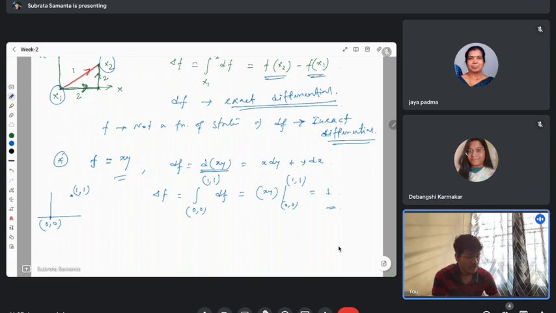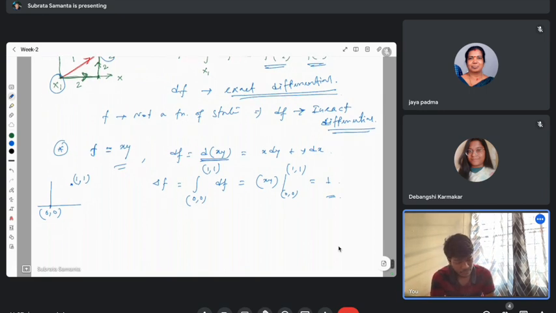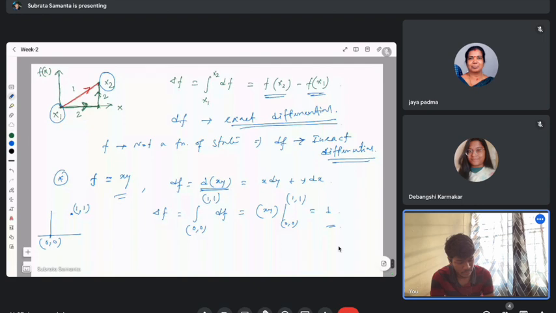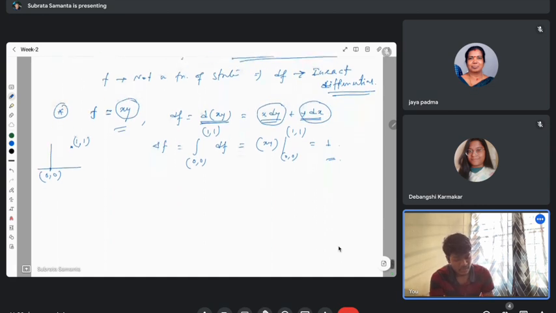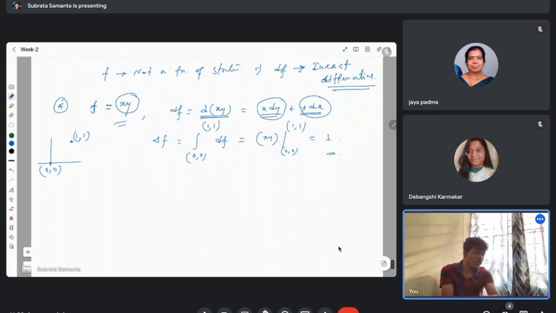Now suppose we consider another thing. Let's say y dx. So x dy and y dx, and your f is xy. Now we are considering only one of them, let's say y dx, and call it d bar g.